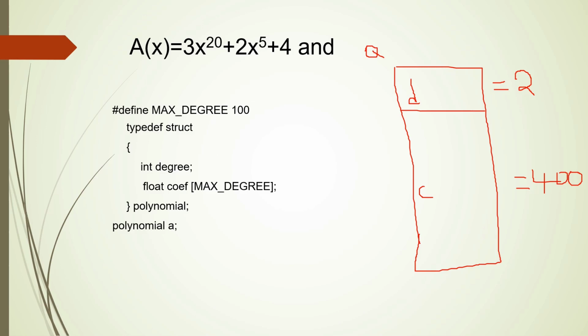And this coefficient field is again divided, since coefficient is an array, into 100 locations ranging from 0 to 99. And then see here how these polynomials are going to be stored. As I already mentioned, only the coefficients and exponents are going to be stored.